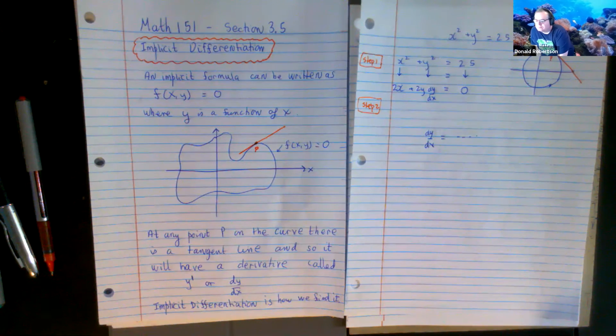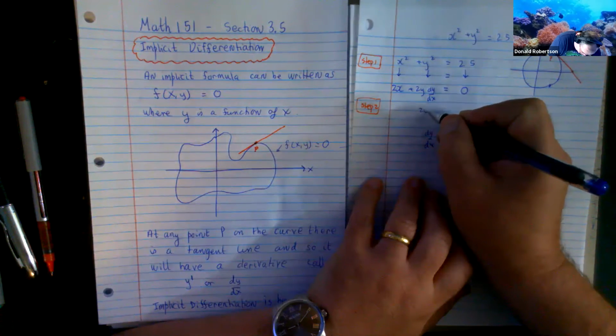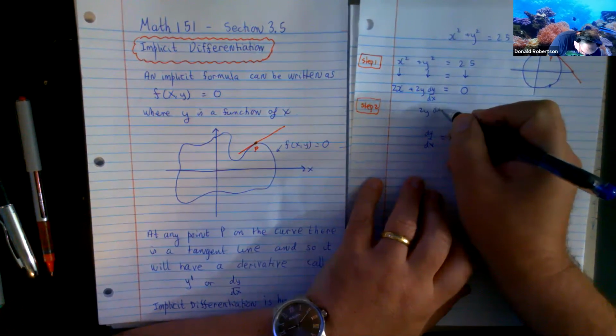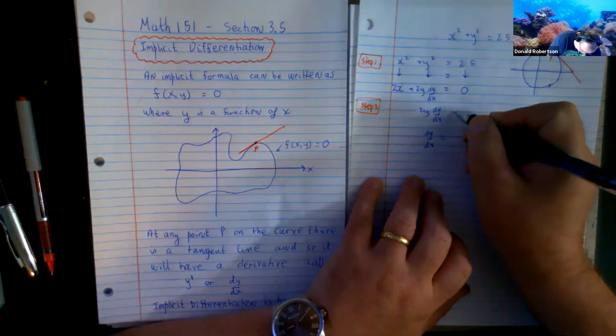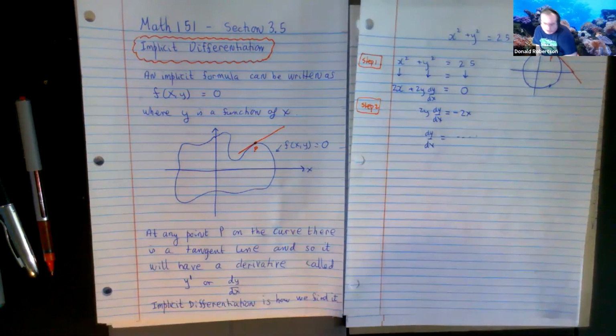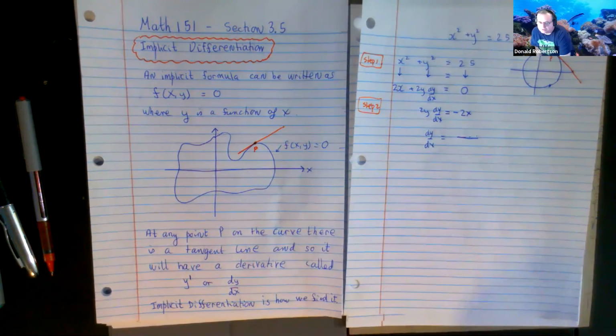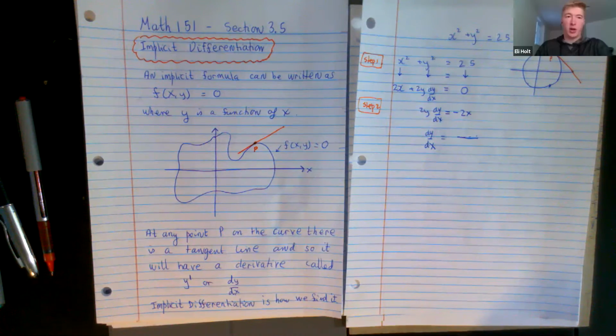So we are going to subtract 2x from both sides. What should I do to both sides next to isolate dy by dx? Divide by 2y.